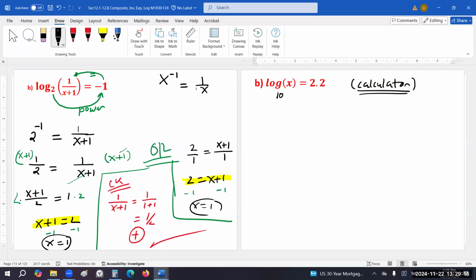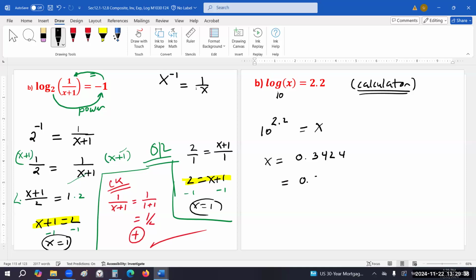So it's 10 to the 2.2 equals x, right? And how much is that? 0.342. Give me the next place also. 4.